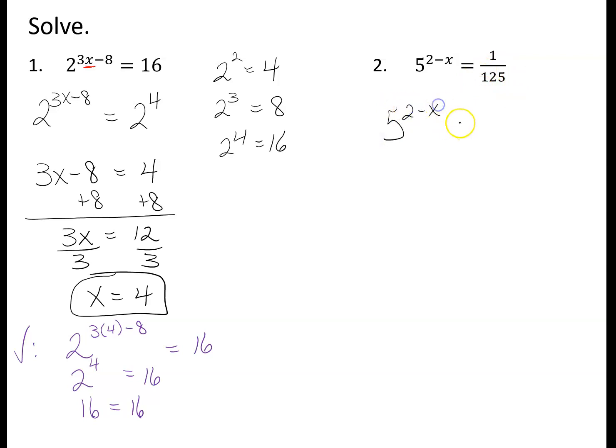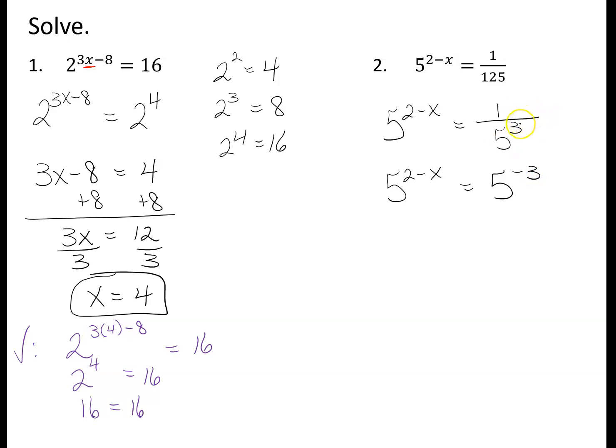So I want to write 125 as 5 to a power. It turns out that 5 cubed is 125. However, I can't leave that 5 in the denominator, so to bring it to the top, all I have to do is change the sign on the exponent.